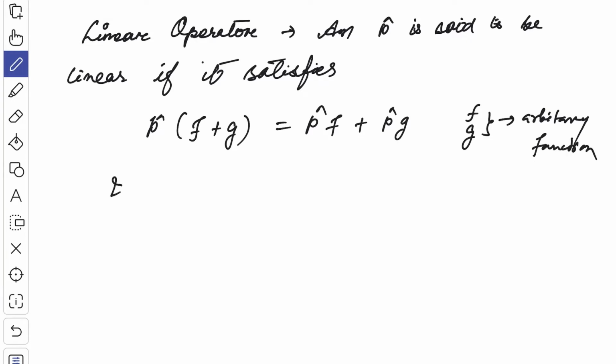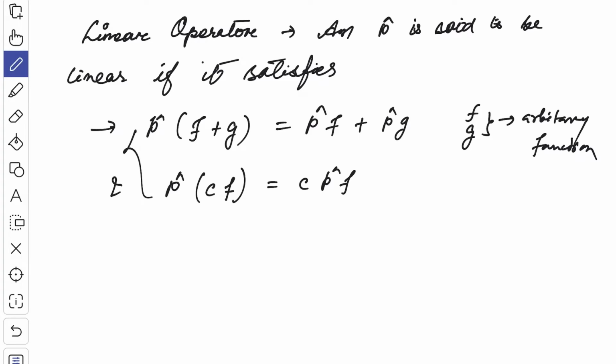And it must also satisfy this condition as well: p cap operating on a constant c and a function f is equal to c times p cap operating on f. If an operator satisfies these two conditions, then it is said to be a linear operator.